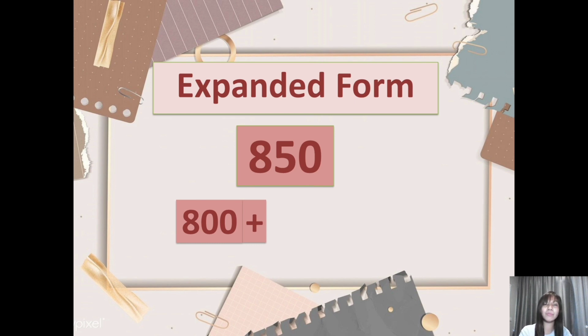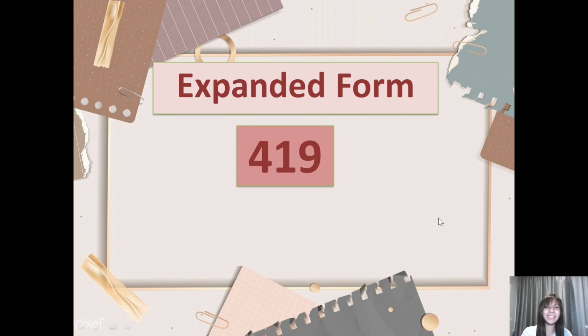So we have 50. It's like 5 times 10, 50, right? Then plus, and we have here 0, so just write 0. Okay? So the expanded form of 850 is 800 plus 50 plus 0. Alright?